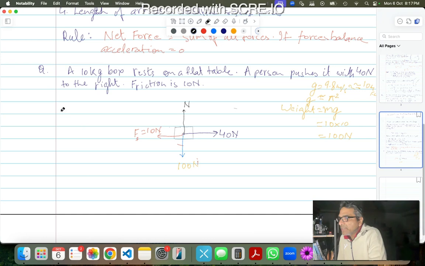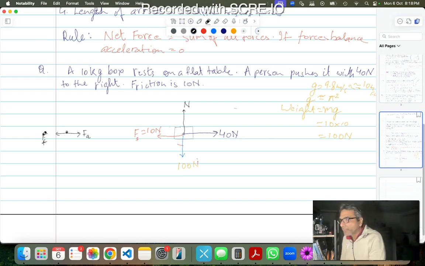Okay. First, we do something like this. So there is a force which is acting like this. Then there is a force which is acting like this. That is friction. Friction is always against the motion.